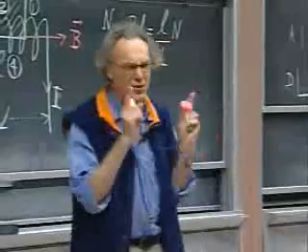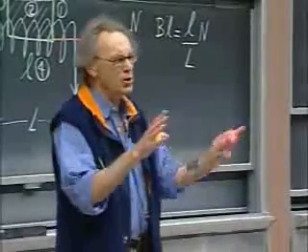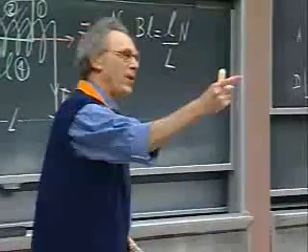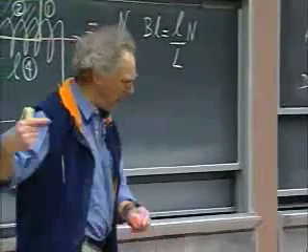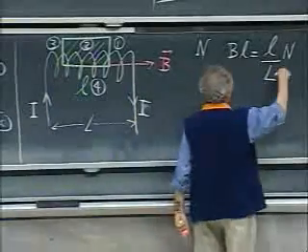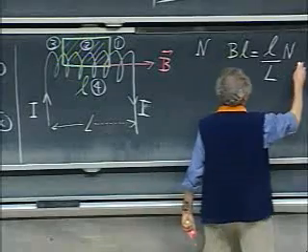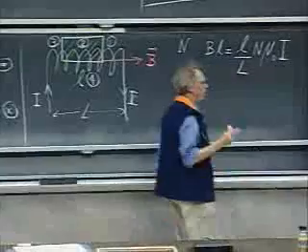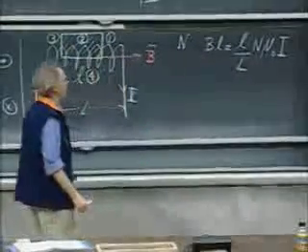Uniquely defined. I have a surface now. There is no such thing as I enclosed. There is I penetrate through that surface. It's a soap film, and I poke straight through it. And I do it so many times that I poke through it. And then I have to multiply this by mu 0, and then I have my I. Each time that it pokes through, I have current I.